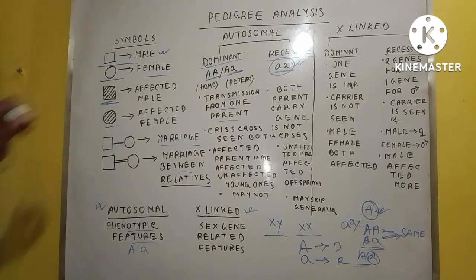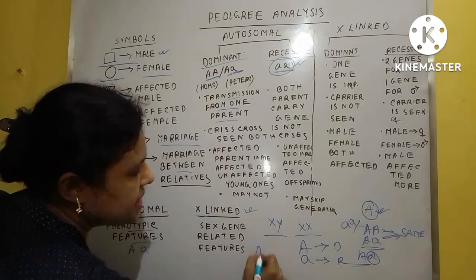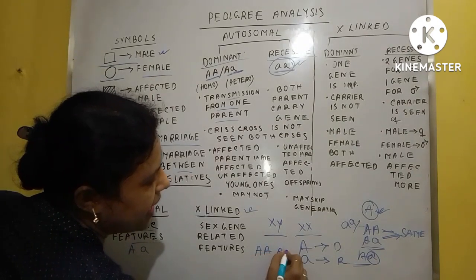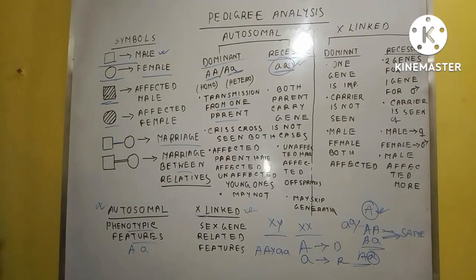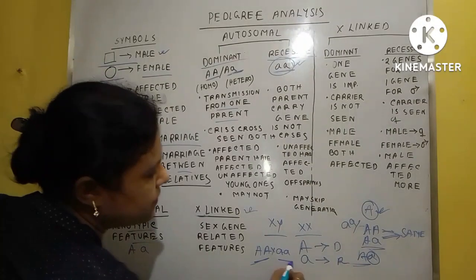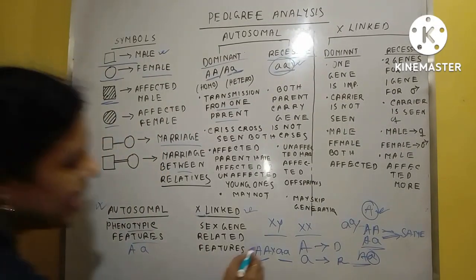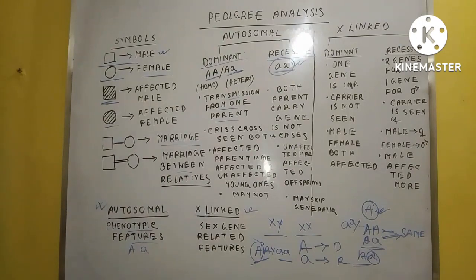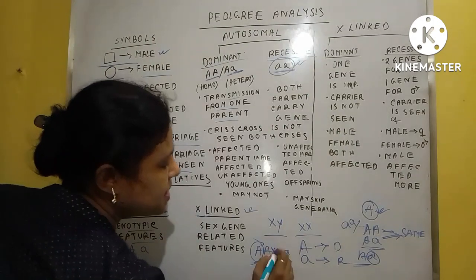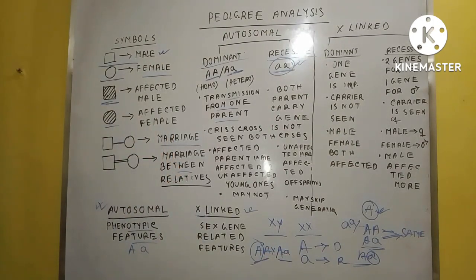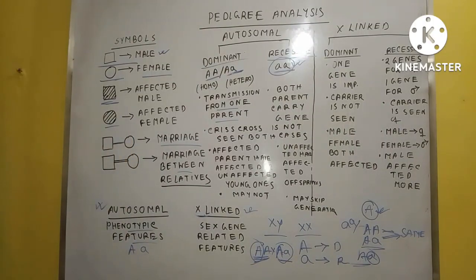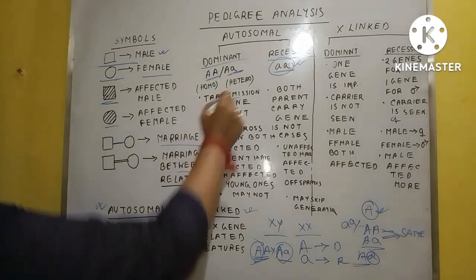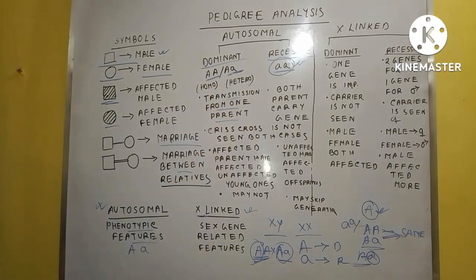Suppose this is A and this is A, this is male and this is female. In that situation, the A gene, the capital gene, is very important, and it shows its character. So the transmission from one parent is very important.